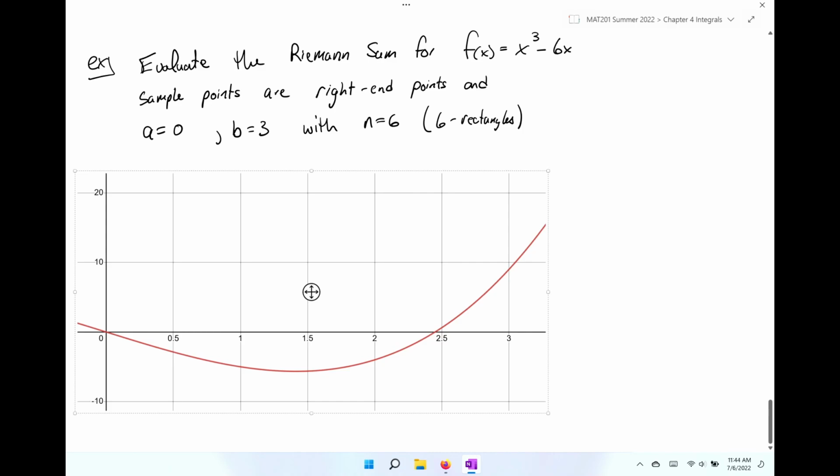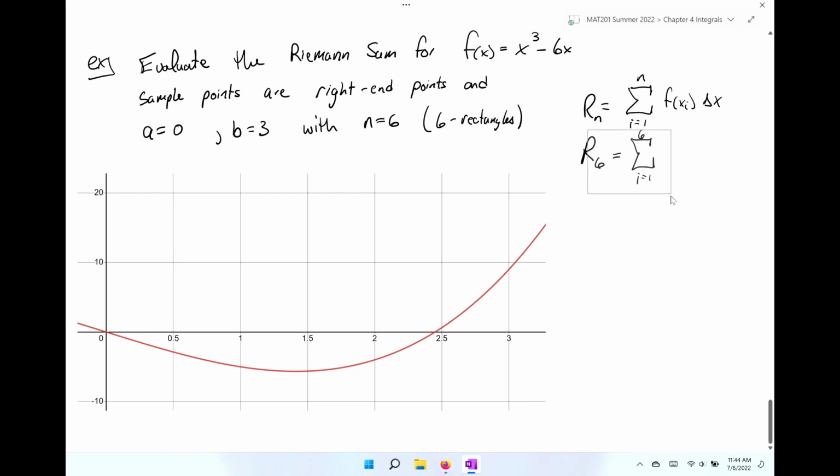Now, using Riemann sums, R n, which is a Riemann sum, is going to equal the summation from i equals 1 to n of f of x i times delta x. Now, we want 6 rectangles. So this is going to be R6, which means we're going to be adding up from i equals 1 to 6 regions, or 6 areas.